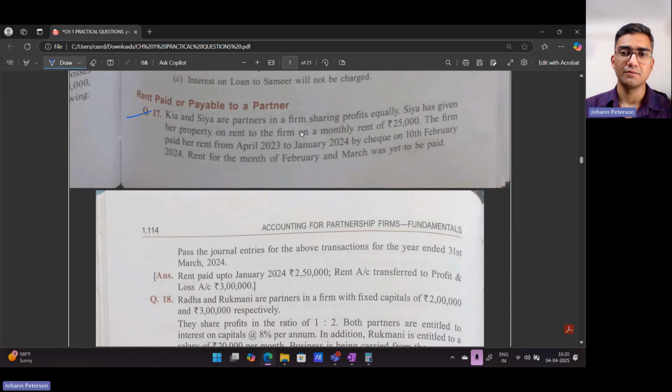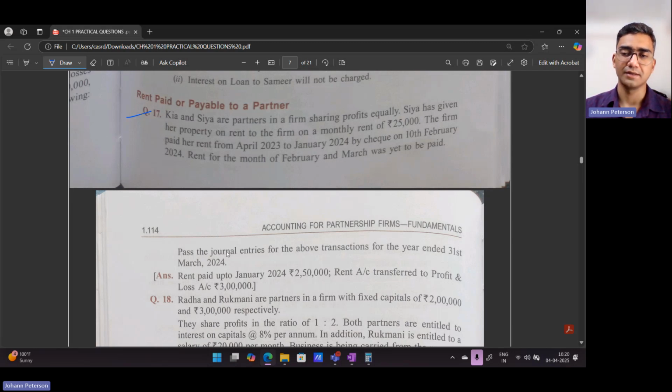So this date has significance, therefore we will write this date. Rent for the months of February and March are yet to be paid, so this much is outstanding. Pass the journal entries for the above for the year ended 31st March.